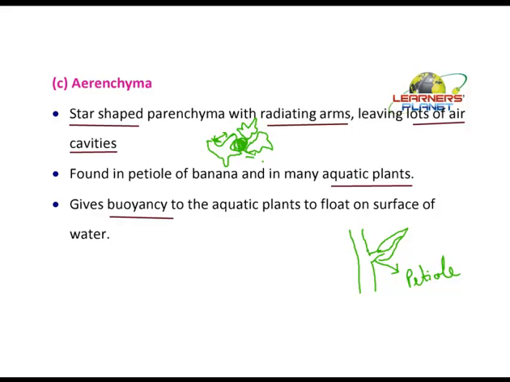So if the air space is high, the object becomes light, and as it becomes light, it can float over the surface, and this floating property is known as buoyancy. So these aquatic plants are able to float on the surface of the water because of the presence of aerenchyma tissue. These aerenchyma tissues are thus abundantly present in the aquatic plants.